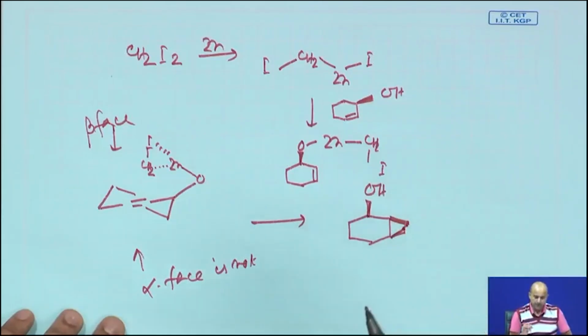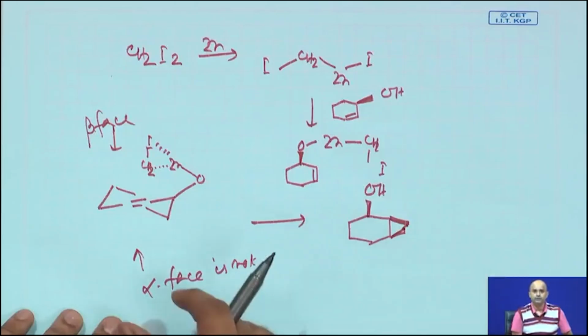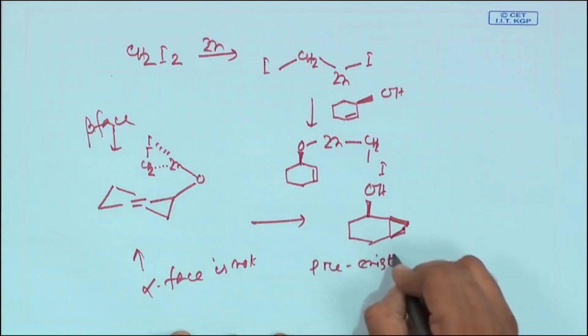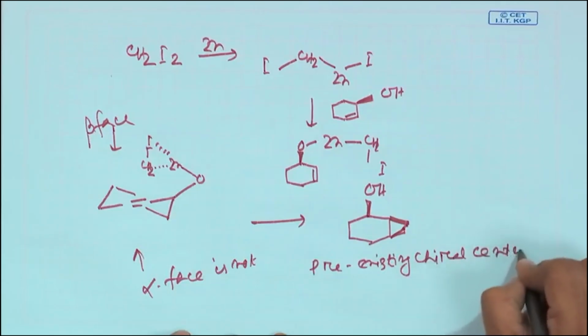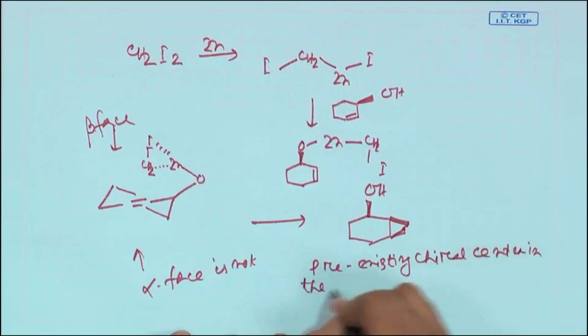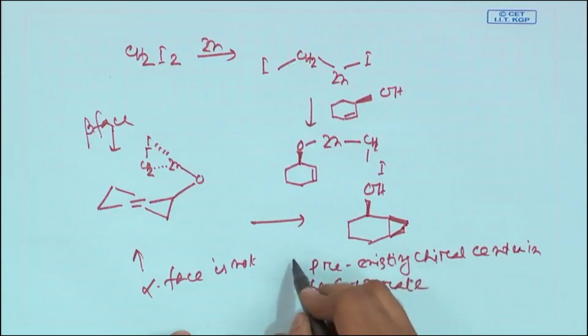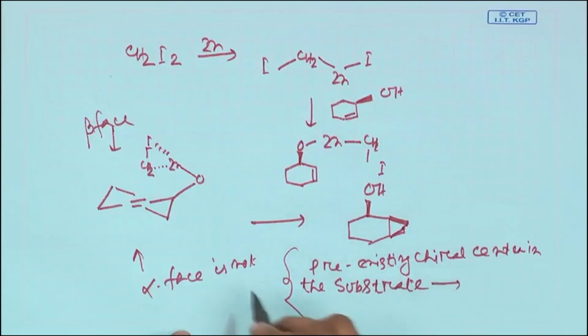The induction was pretty good. The advantage is you are not using any chiral reagents or chiral catalyst. Your substrate has a pre-existing chiral center in the substrate that basically dictates the whole thing, and this kind of substrate directed stereo control is absolutely important.